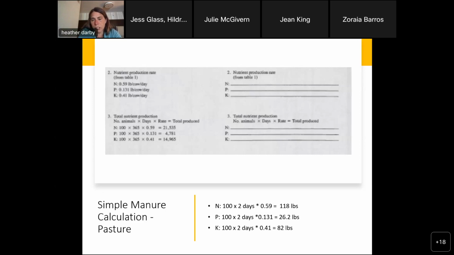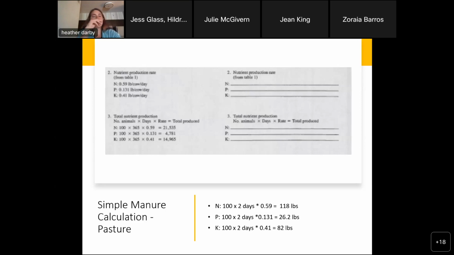So the question here then is, is that 118 pounds on an acre, or is that 2 days on 4 acres, right? So you can really figure out on a per acre basis how many nutrients the cows are depositing on the fields when they're grazing.